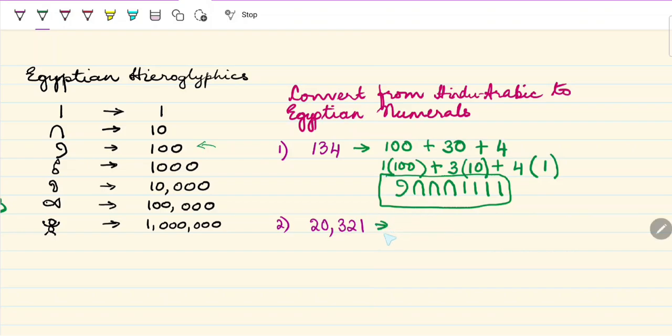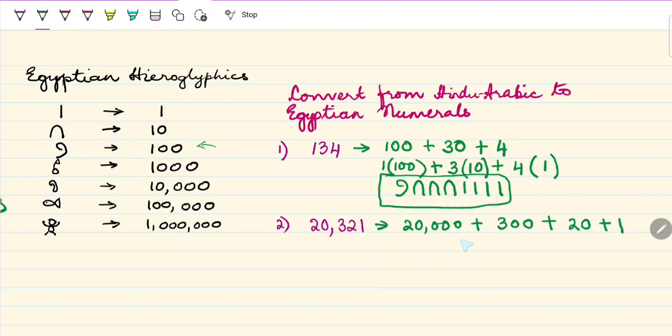We can write it down as 20,000 plus 300 plus 20 plus 1. So we rewrite 20,321 as 20,000 plus 300 plus 20 plus 1.